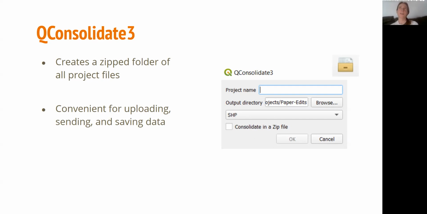That way I don't have to worry about files thrown about my computer in my desktop or in my downloads folder that have to stay there forever because my QGIS project references them. So QConsolidate, it's a lifesaver. I definitely recommend it. And it has just a ton of different uses.